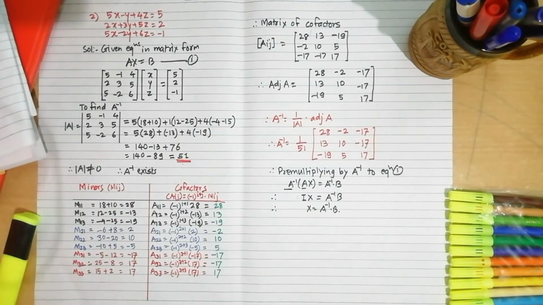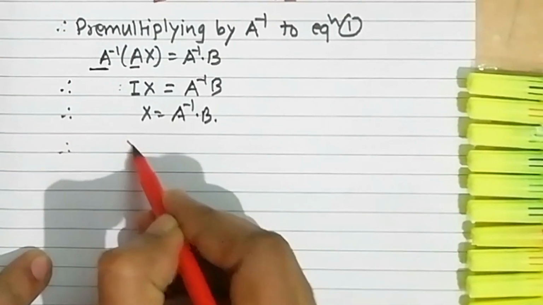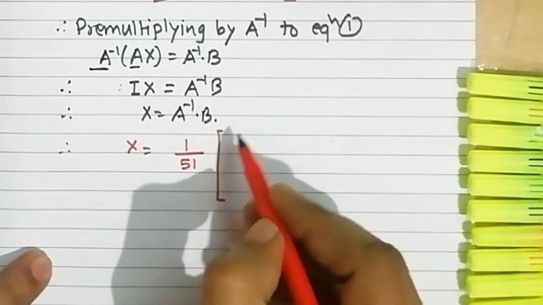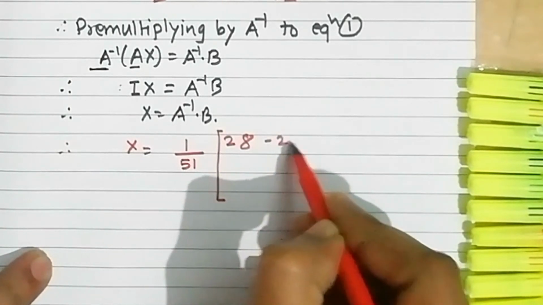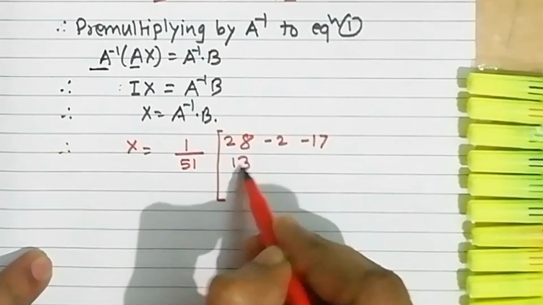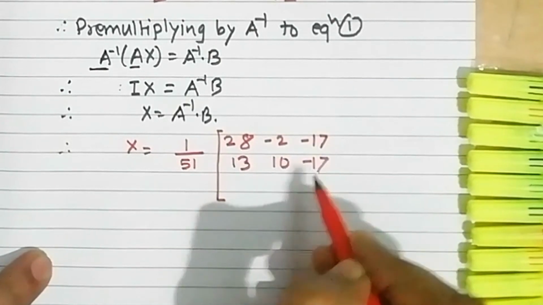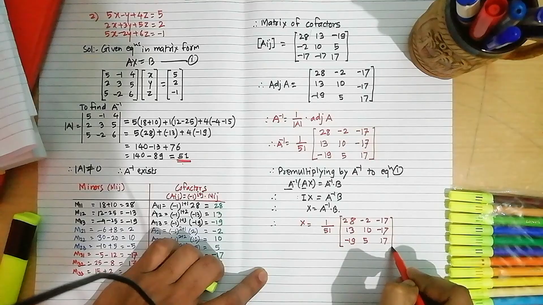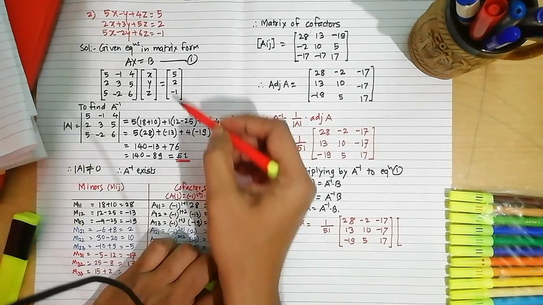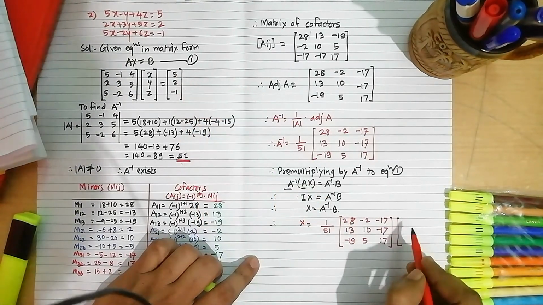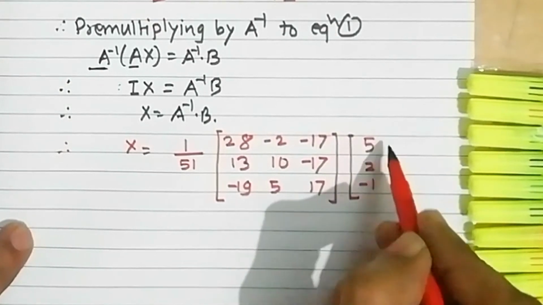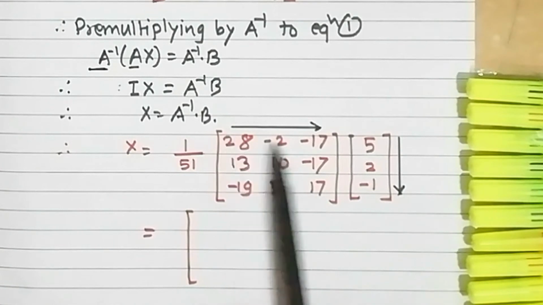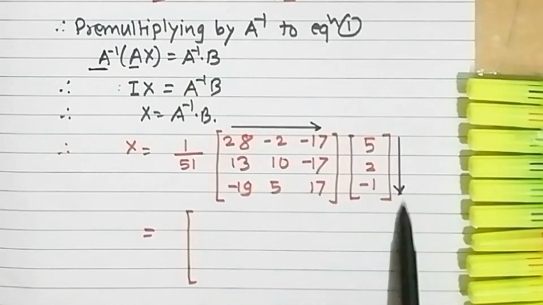B is the column matrix of constant terms. Okay, so let's do it. Therefore X is equal to 1 upon 51 into [28, -2, -17; 13, 10, -17; -19, 5, 17] into B, which is [5; 2; -1]. Now always remember matrix multiplication is row into column wise.